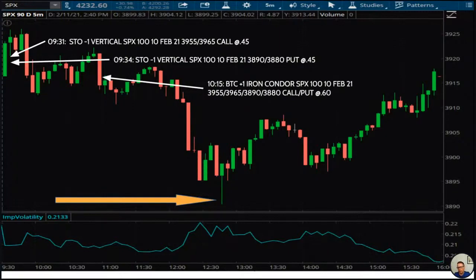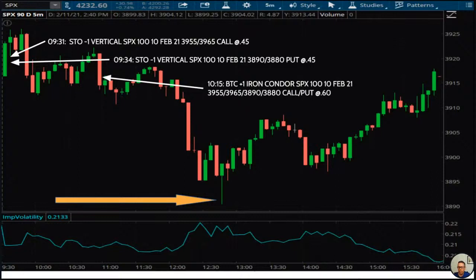Now, if you would have held on to that trade, you would have taken a loss, depending on what rules you're using. But clearly, we went down very, very quickly, and you probably wouldn't have had a lot of time to close out that trade.